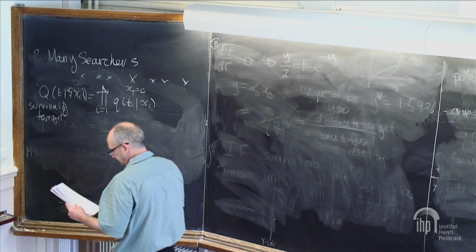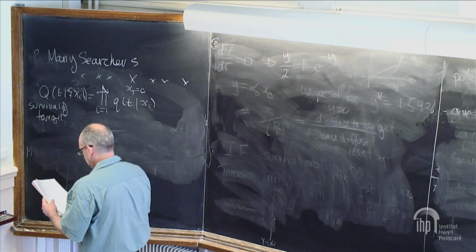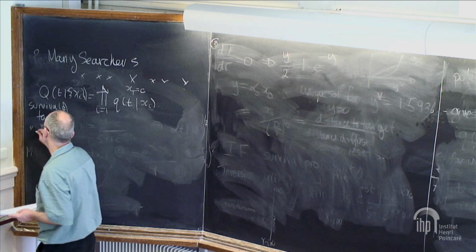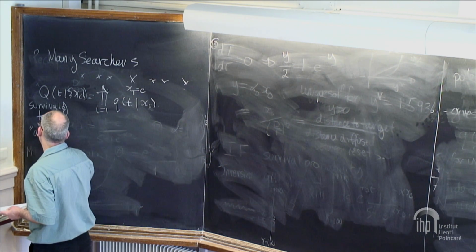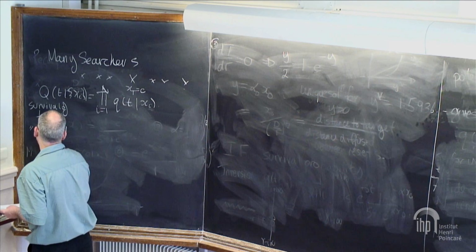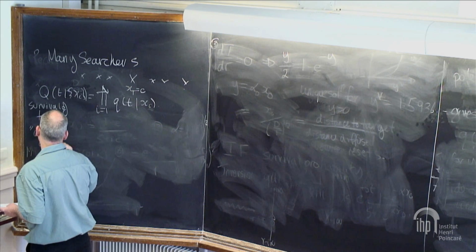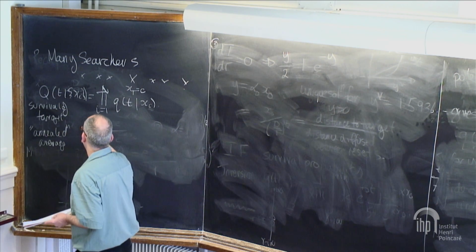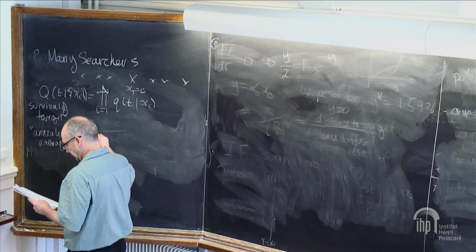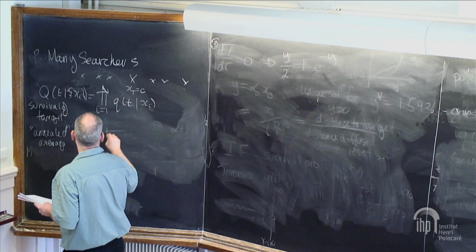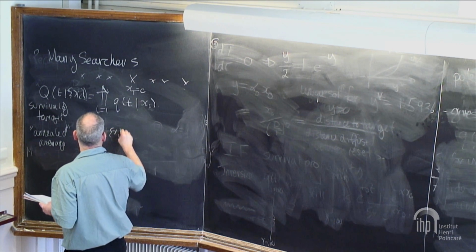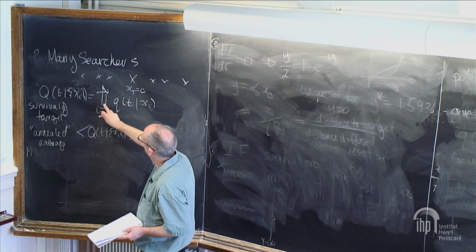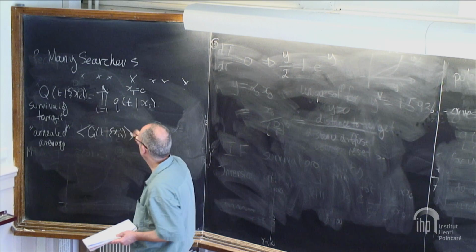So first of all, let's calculate what I called the annealed average, which is just the direct average of this. Right, so we'll have the average of Q. Then each of these are independent.